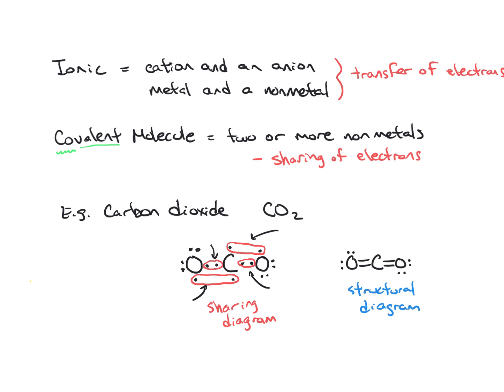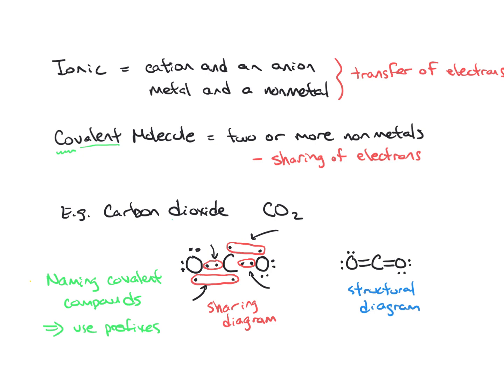Okay, now, why is it called carbon dioxide? Well, when we're naming covalent compounds, we use prefixes. And the prefixes match with how many atoms you see of that kind.